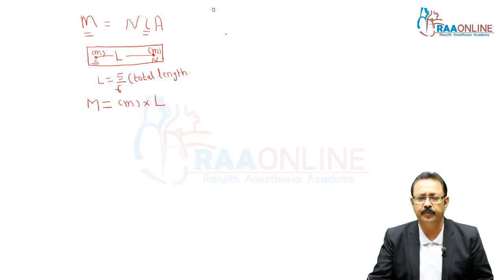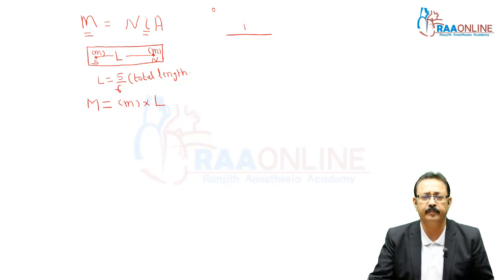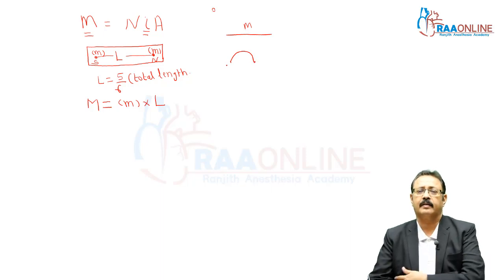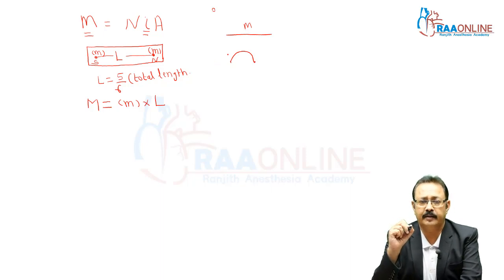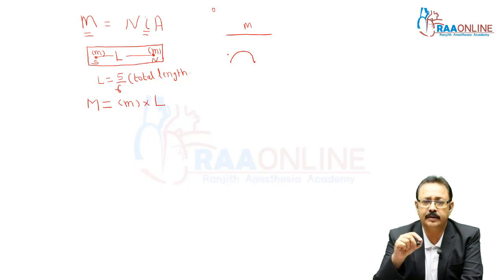They will say, I have a linear magnet whose magnetic moment was M. If I put this magnet in the shape of a semicircle, what is its magnetic moment now? What I told you is that the magnetic moment of a magnet means pole strength into length between the poles.